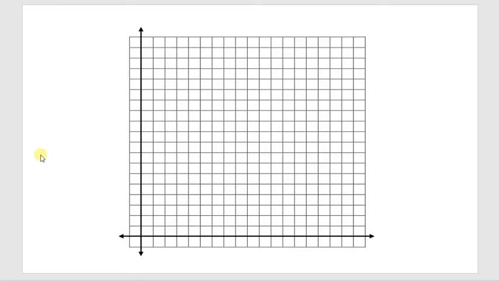For the mean temperature, X is going to be mean temp, in degrees Celsius. And then Y is going to be yield in tons per hectare.